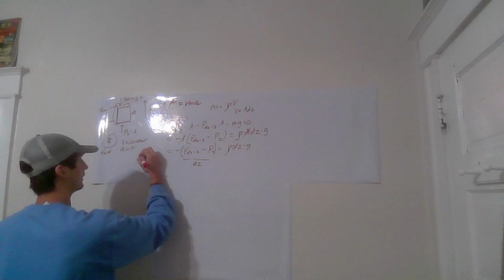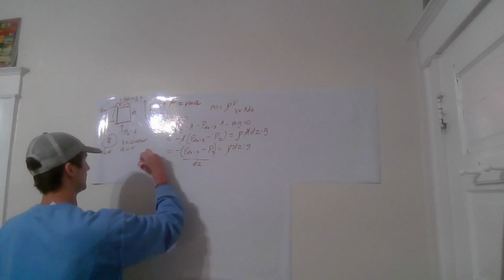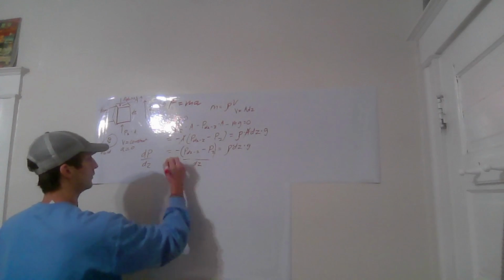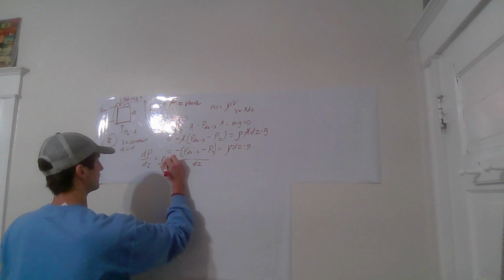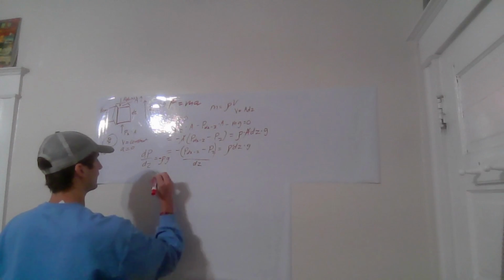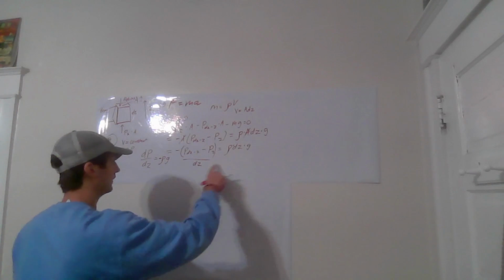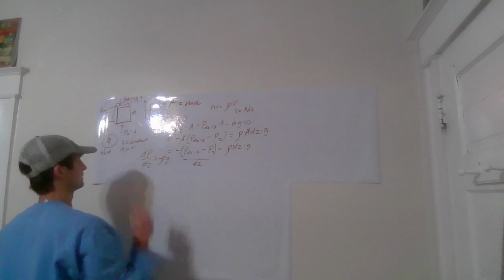So this is going to turn into our dP over dz, and we can move the negative over to this side, and it's going to be equal to negative density times our gravity. As we move the negative over to this side, move the dz over here, and change this into just dP.